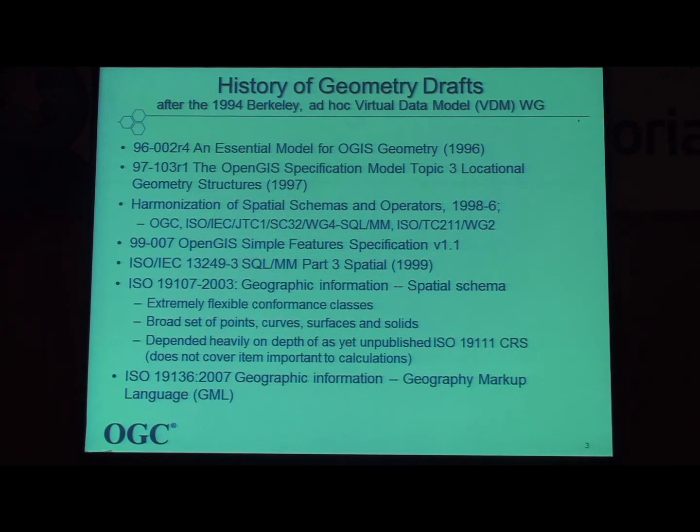Okay, so those 2 things came out in 1999. They pretty much established what the simple version of the spatial model was. So we had basically only line strings in those things. They were mostly 2D. But in the harmonization meeting we had in the previous year, we had actually agreed on a long-term plan, sort of a gentleman's agreement. There was nothing holding us to it anywhere. We never actually even wrote it down.